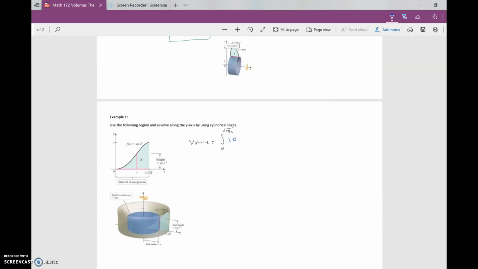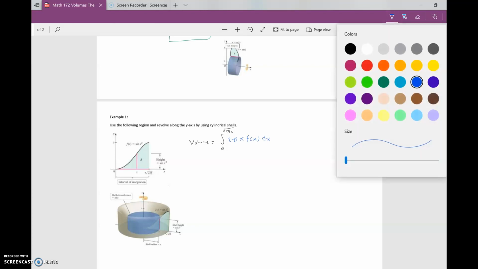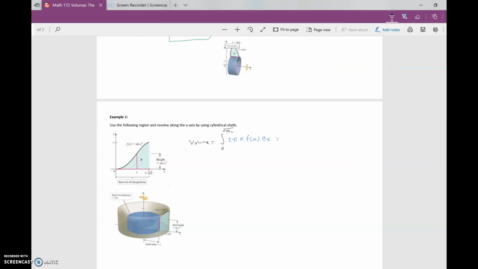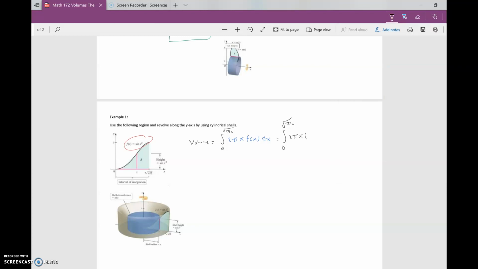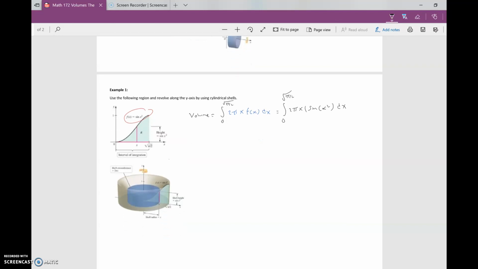So this will be 2 pi x, and then technically f of x dx. And for this problem, it's just going to be from 0 to the square root of pi over 2 of 2 pi x. The function that it's given is the sine of x squared. So let me just rewrite it as the sine of x squared, and this will be dx.